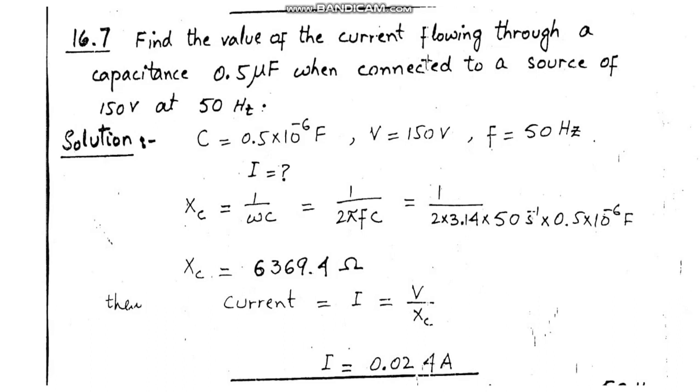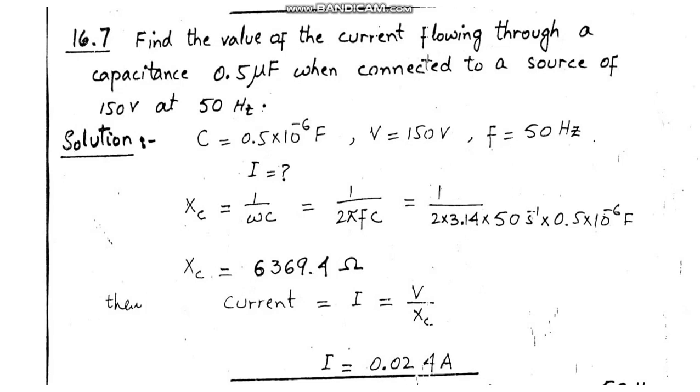Xc is equal to 1 over omega C. Omega has a value 2 pi f. Put in this formula 1 over 2 pi fc and putting the values, we get the answer Xc is equal to 6369.4 ohm.